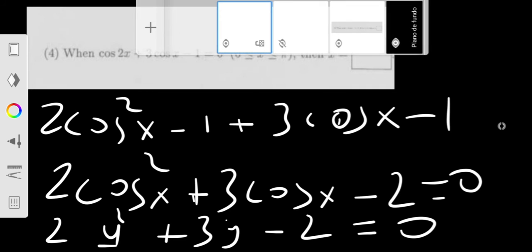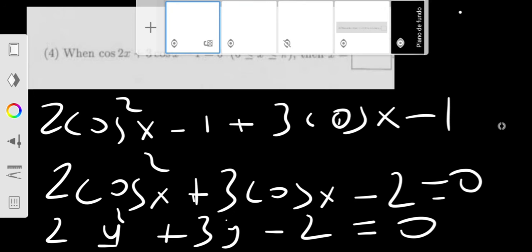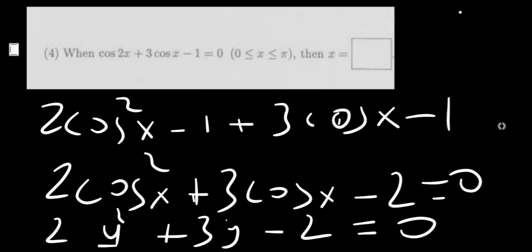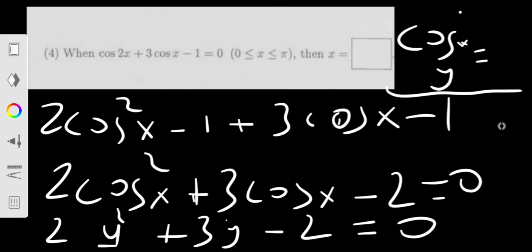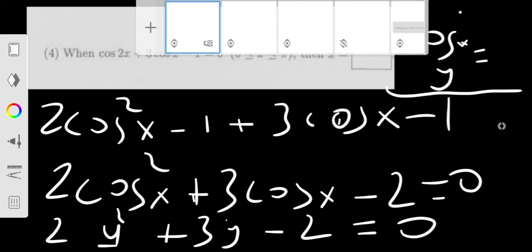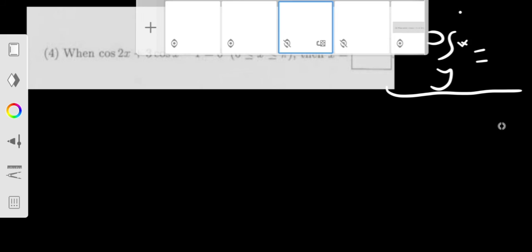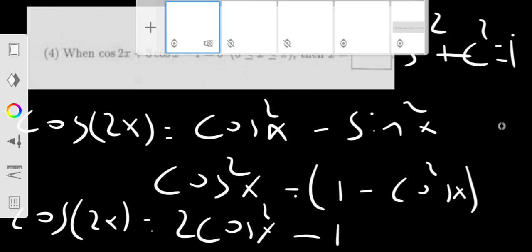Do you understand what I just did? I just called the cos of x, I said that it is equals to y, okay? I just named it so that I can play with this second degree function, right? So, okay, what was it that I had?